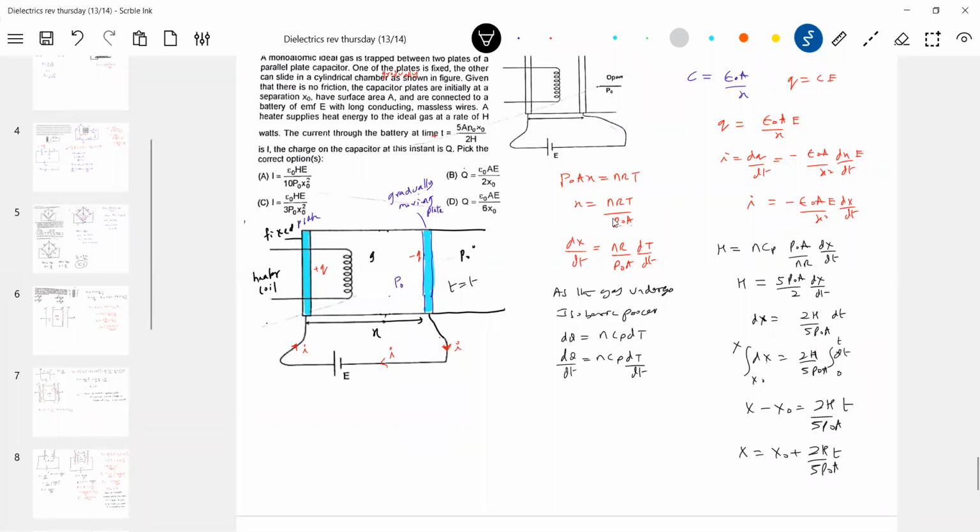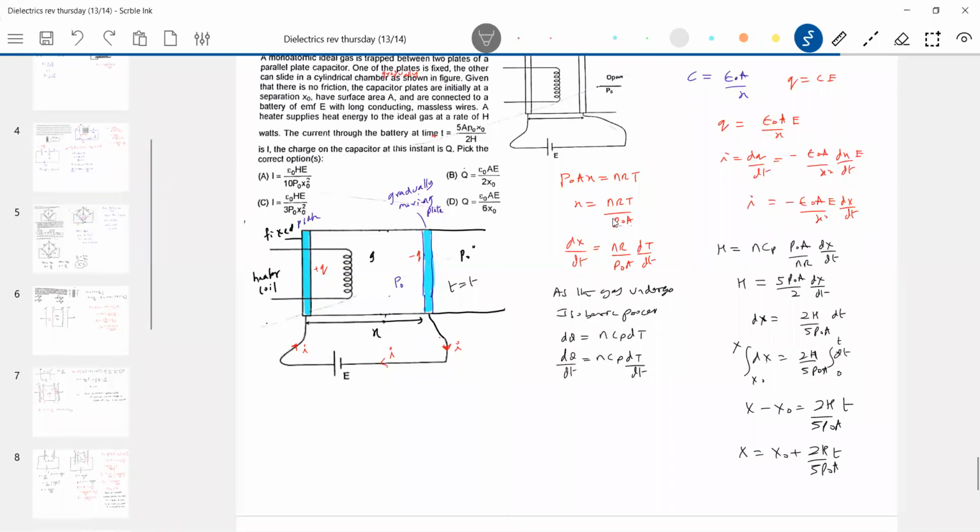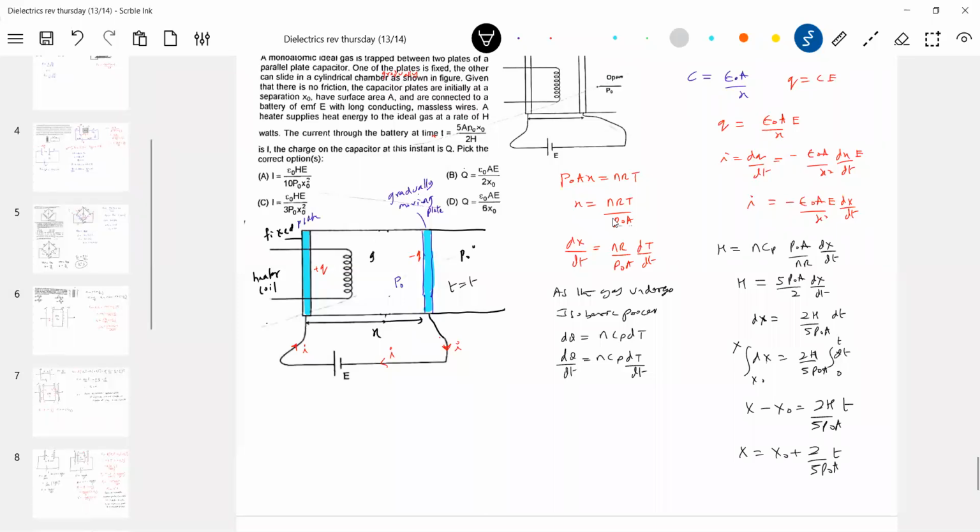So let's come to this one. What is it telling? x is equal to 5A P naught x naught over 2H, and the value of t we will substitute here. So I'll proceed like this.